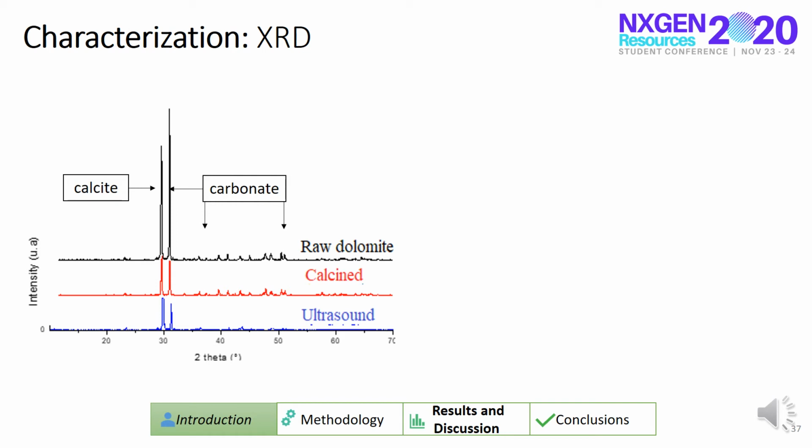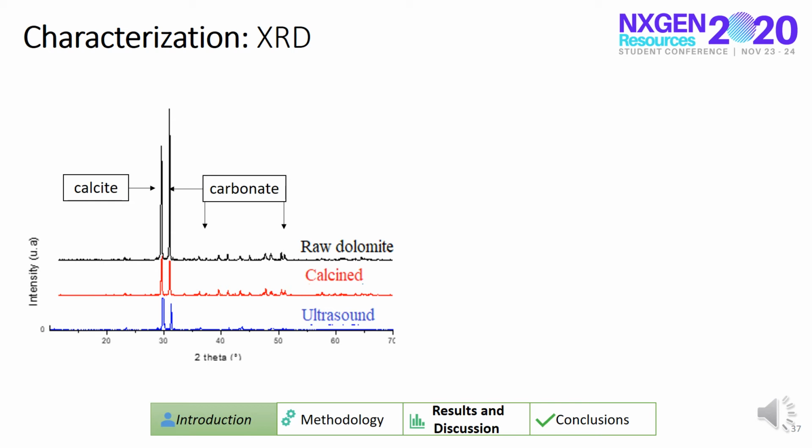In the calcined sample, the intensity of the peaks decreases, maybe caused by thermal decomposition of dolomite. In the ultrasound sample, the intensity of the peaks also decreases, but in this case it is maybe caused by the cavitation effect of the ultrasound method.